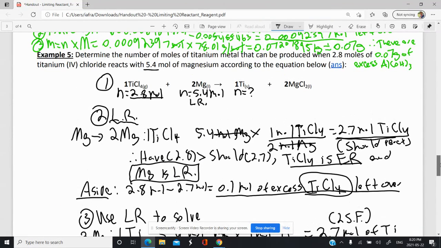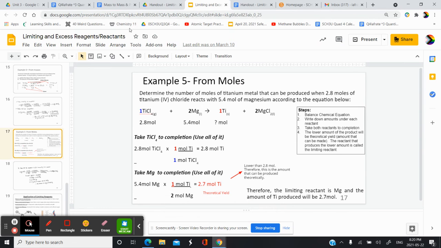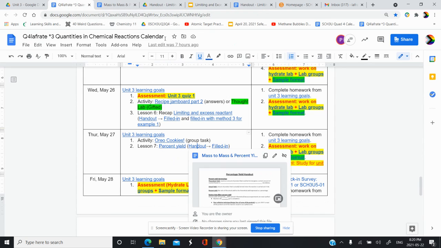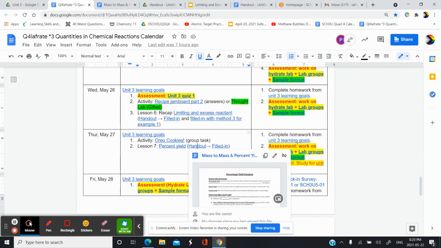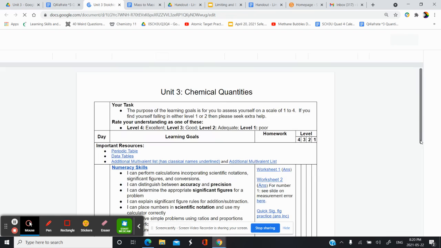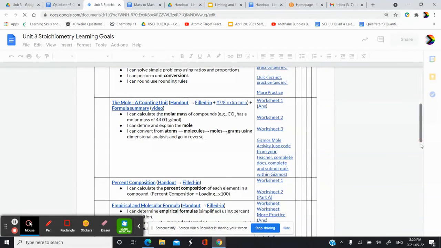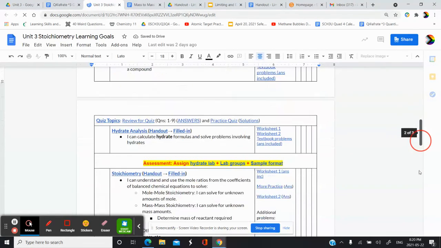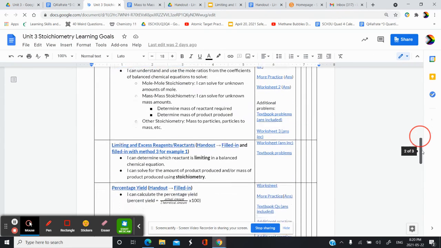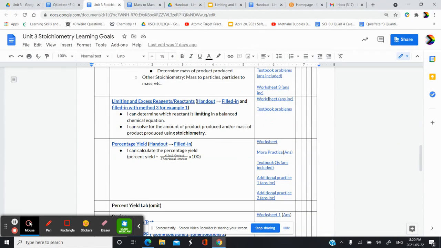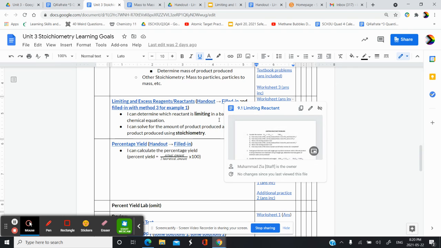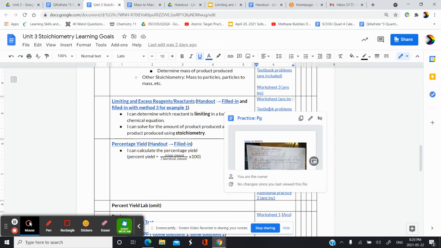Of course, the answer keys for the homework sheets are included. So when you're doing the homework for limiting excess reactants, you go to the learning goals, and once we scroll down, you'll see some worksheets with answers included, and also additional textbook problems that you can try out with answers included.